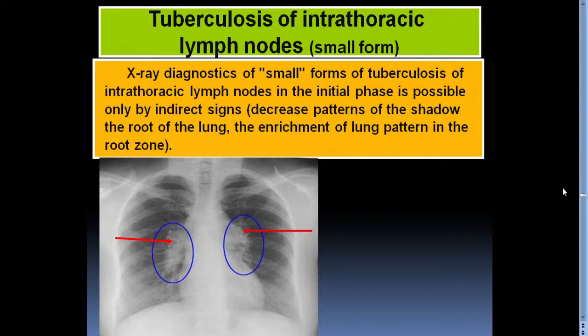X-ray diagnostics of small forms of TB of intrathoracic lymph nodes in the initial phase is possible only by indirect signs. Decrease of the pattern of the shadow of the root of the lung. The enrichment of lung pattern in the root zone.